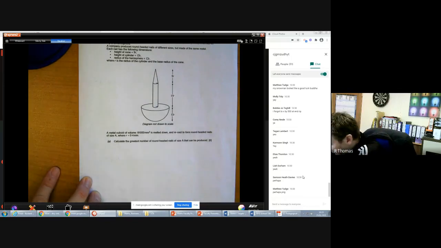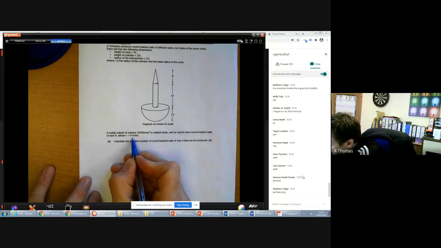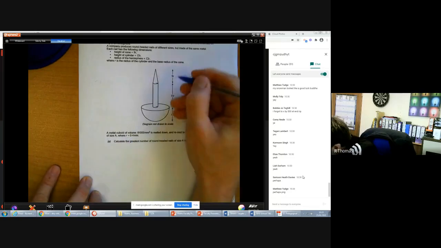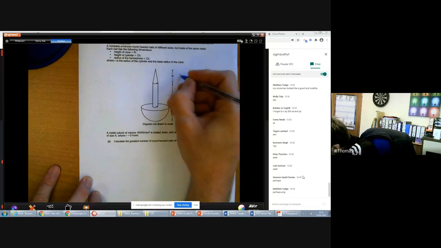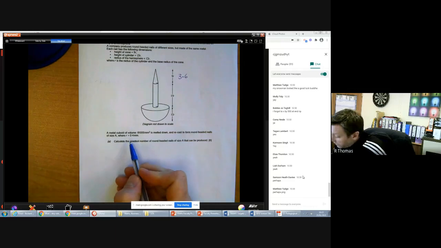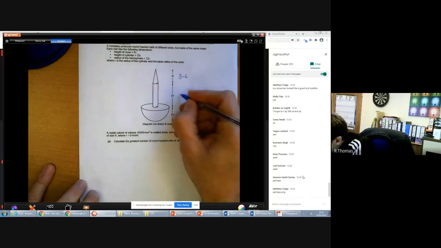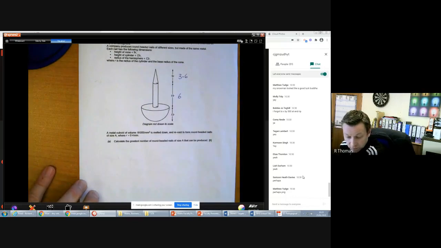So we now know that the height of the cone is 3.6 because 9 fours are 36. We now know that the height of the cylinder is 6 because 15 times 0.4 is 6. And we now know that the radius of this sphere is 4.8. Right.